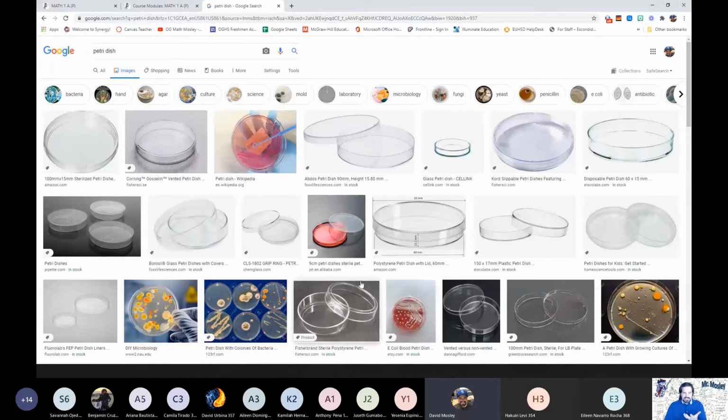The jelly that goes inside of them is like a nutrient-rich kind of thing that allows bacteria to populate and grow. And so they can monitor the growth of bacteria, how fast are they growing. They can also, like in this one, they're looking at mold, things like that. So that's what a petri dish is. It's just a little dish. It has some jelly inside of it, and that jelly allows different organisms, microscopic organisms, to grow and populate so that they can be studied. So there you go. Now we learned something.